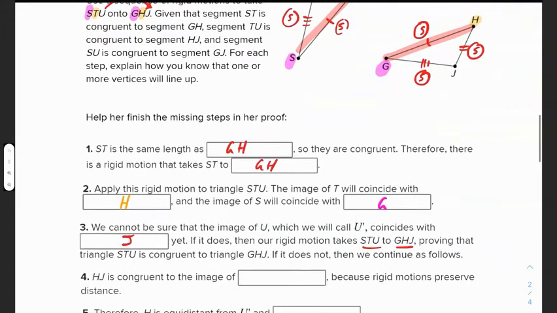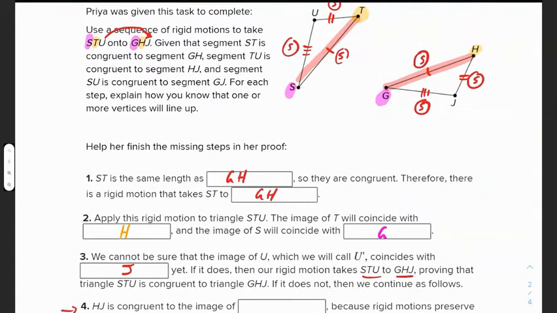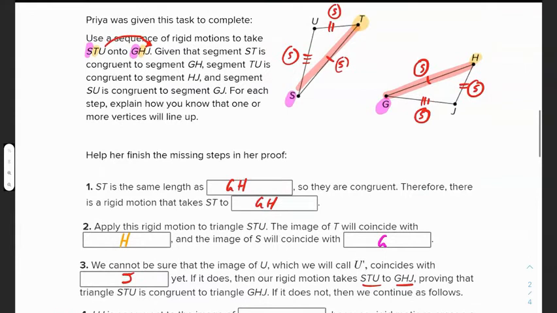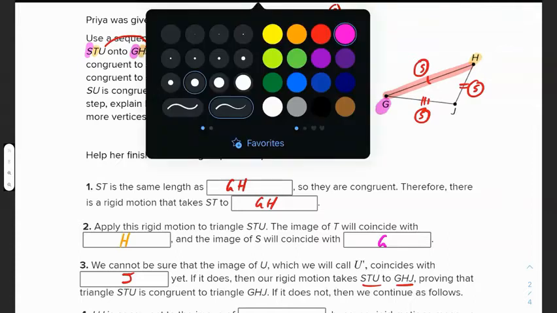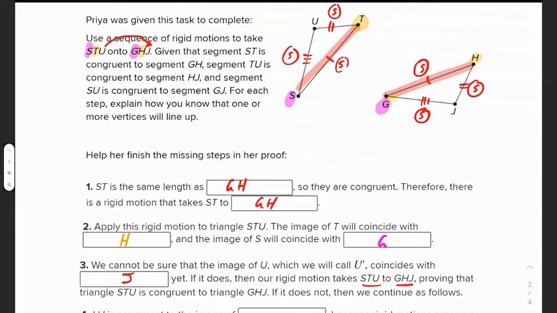Okay, HJ, so this is number 4. HJ is congruent to the image of who? So take a look. Who does HJ map to? So let me highlight that. Let's use lime green.